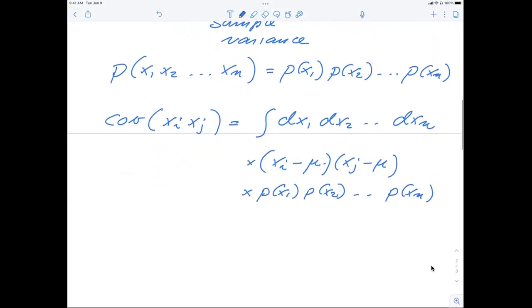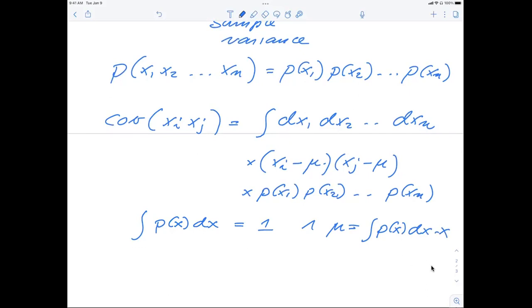Now, one of the things which we are going to use is the fact that these probabilities are normalized to unity, equal to 1. And we also have defined mu equal to the integral of dx p of x multiplied with x.